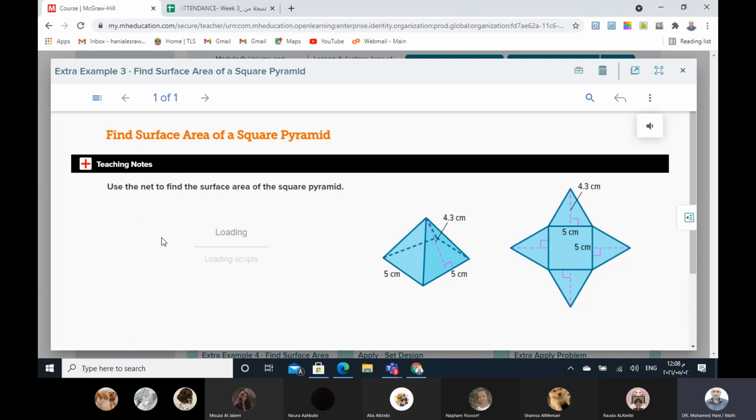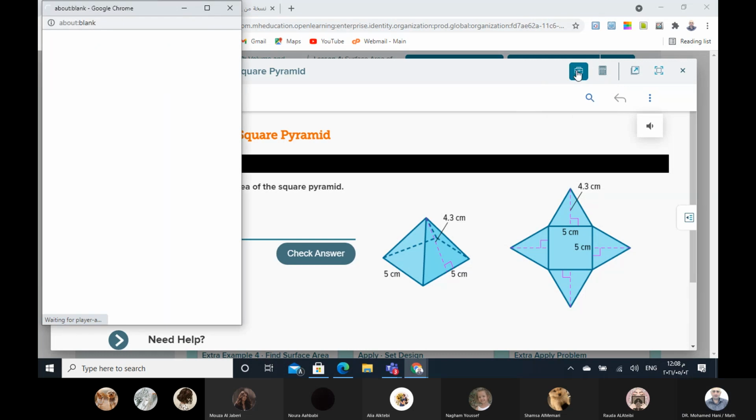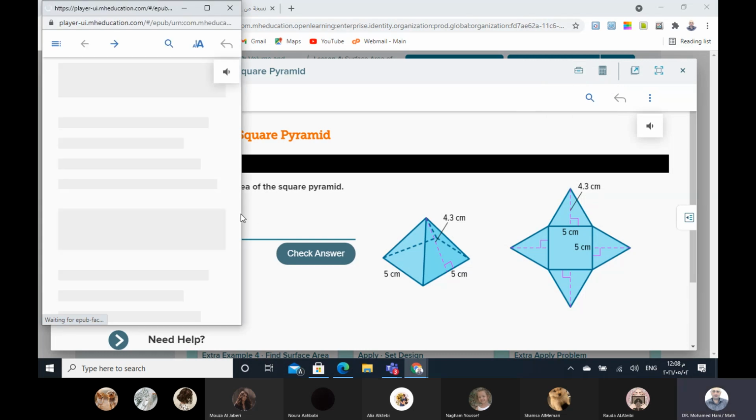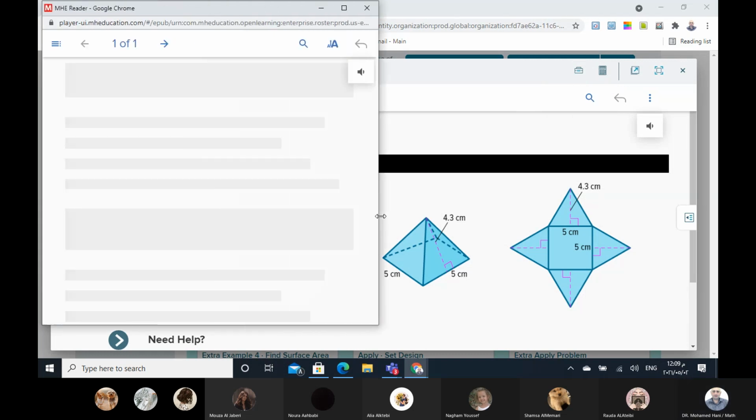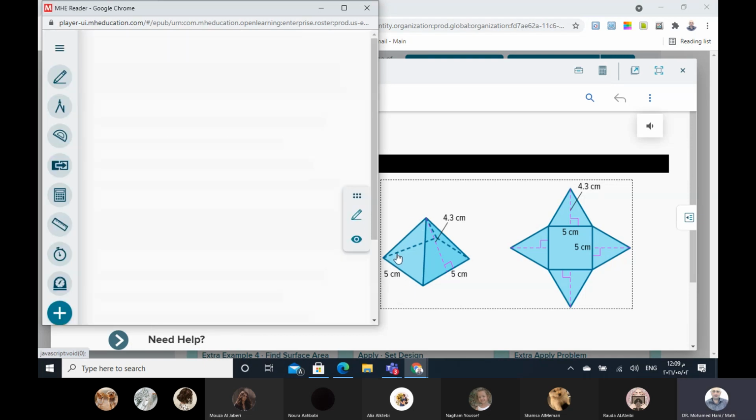Find the surface area of a square pyramid. Use the net to find the surface area of the square pyramid. Listen please. Here we have a square pyramid. Square pyramid means a pyramid whose base will be what? Square.